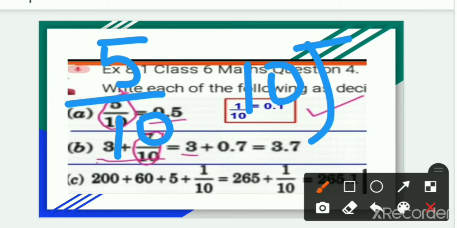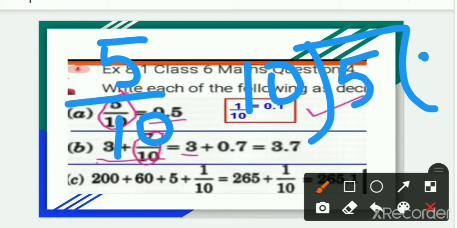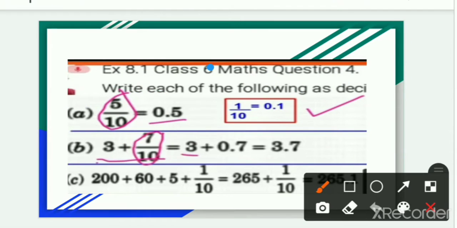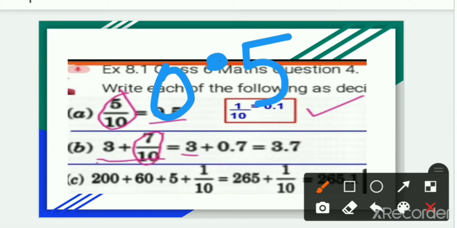Because 5 cannot be divided by 10, we will make a point here and add a 0. 10 fives are 50, 50 minus 50 is 0. So we have the answer 0.5. It will be just 0.5 only.